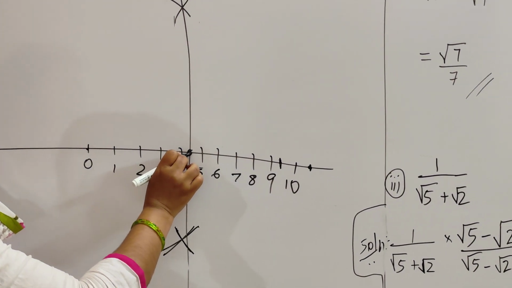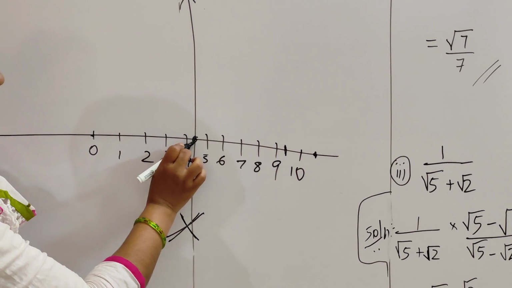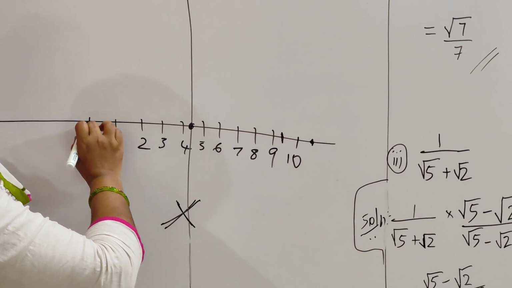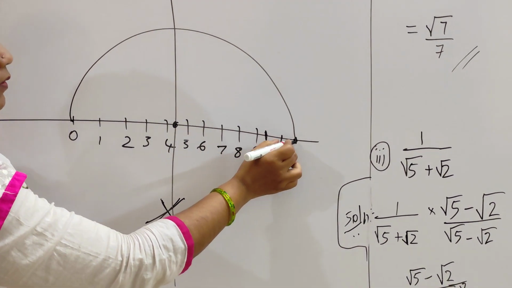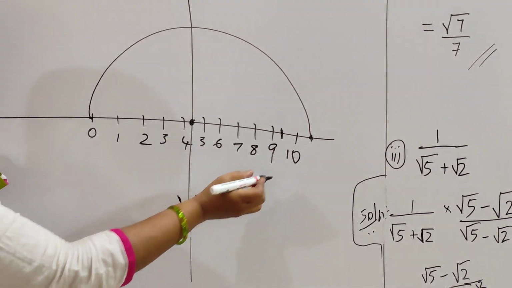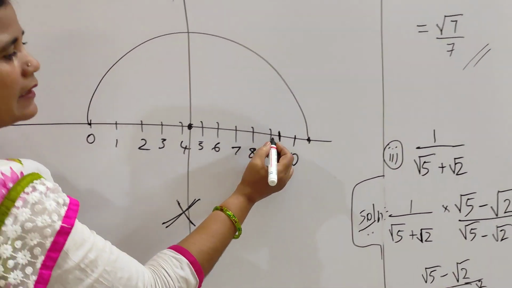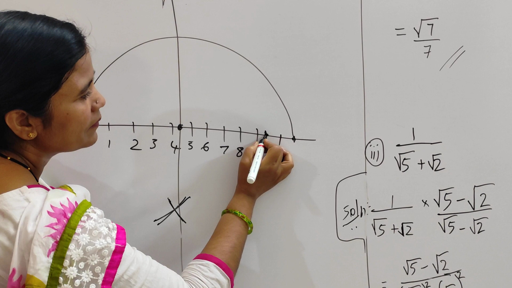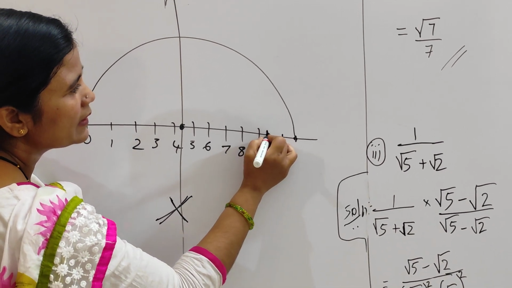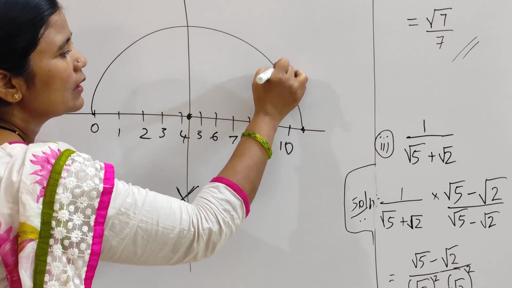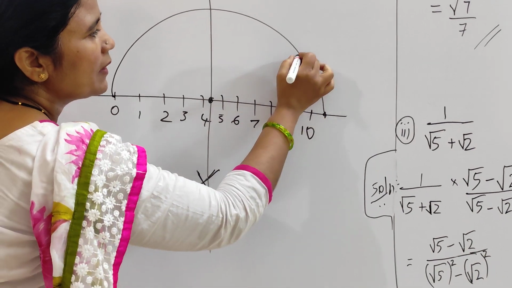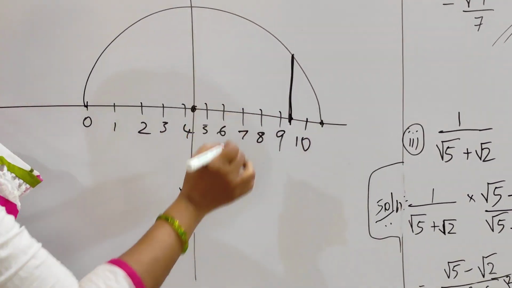This is the center. Take this as radius and then you draw a semicircle. When you get the semicircle, this is your 9.3, right, children? So from 9.3 to this you draw a perpendicular line just with the scale.